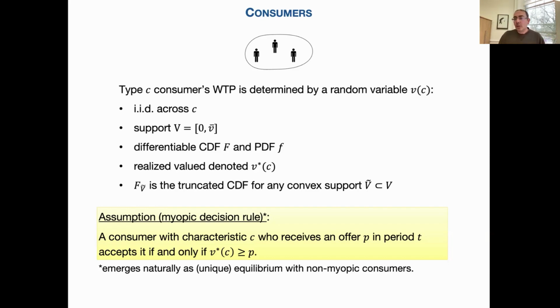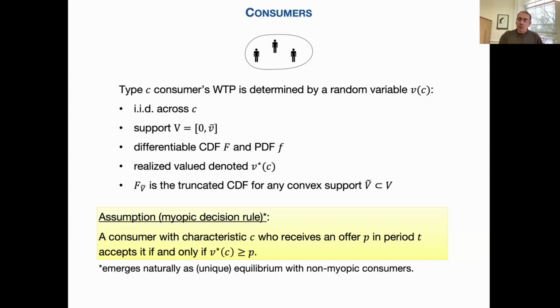Once the valuation is drawn, every consumer with characteristic C knows that their valuation is V star C. This is the realized value. This is observed by the consumer, but not by the platform. The platform doesn't know the value of the consumer. The platform only knows the characteristic of the consumer. So ex ante, the platform only knows that the values of the consumers are drawn from this distribution F.